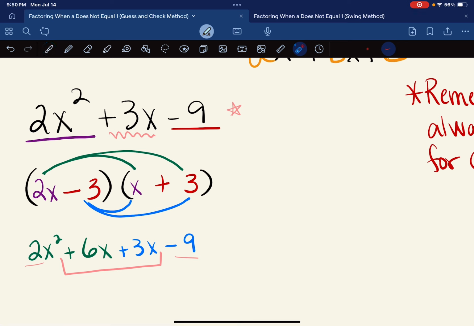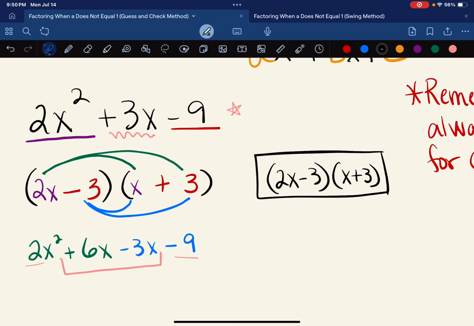And when we multiply this minus 3 times x, this turns into a minus 3x. Now when we combine those two like terms in the center, we get a positive 3x. So the entire factored form is just 2x minus 3 times x plus 3.